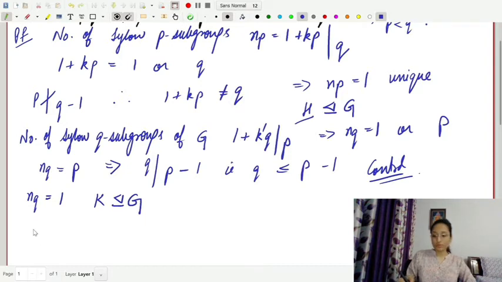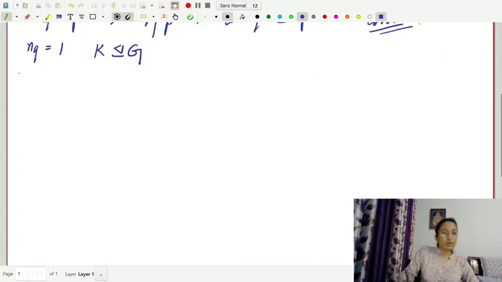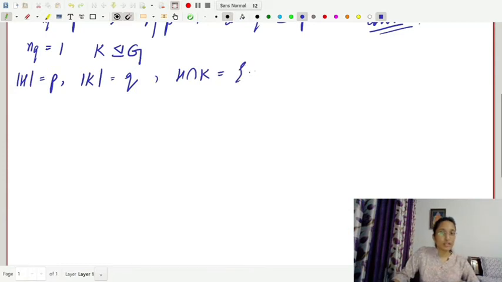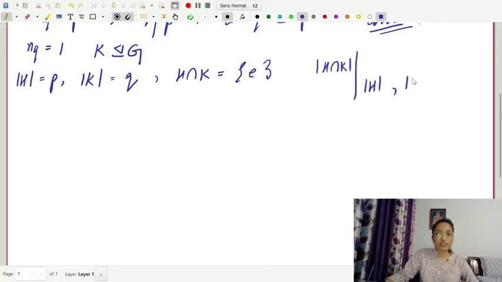Now, we have that order of H is P and order of K is Q, and H intersection K just has identity, because the order of H intersection K should divide order of H as well as order of K. And since order of H and K are distinct primes, therefore order of H intersection K divides 1, and hence it is identity.